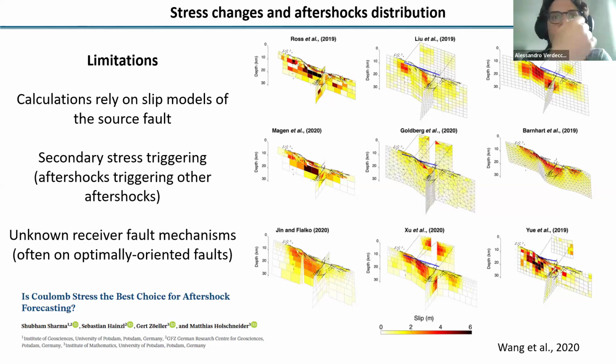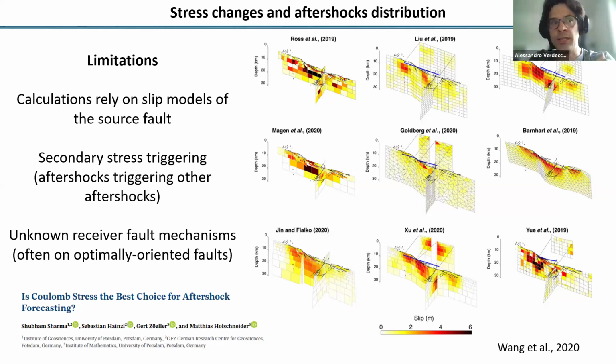So if we start studying and modeling the relationship between aftershocks and those main shocks using different slip models every time, that is 9 slip models, plus the one generated by the author of this paper, so 10, we will see that the results are pretty different. So this is already quite a big limitation.